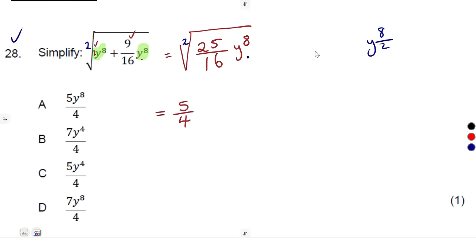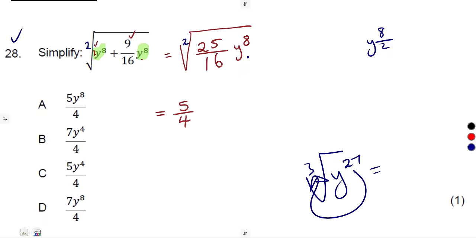Guys, you have evaluated for the cube root, for the square root, for the fifth root, for anything that you are given by that condition. Then exponent divided by the number inside of the root sign, 27 over 3. You have simplified it.